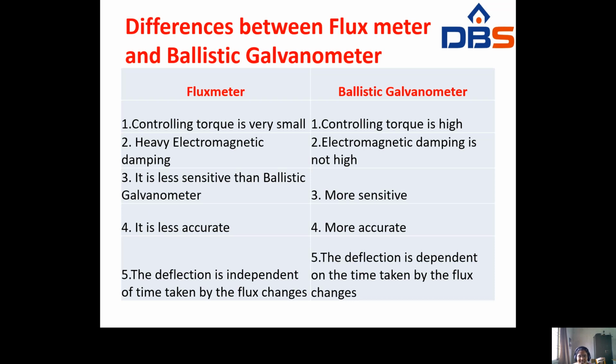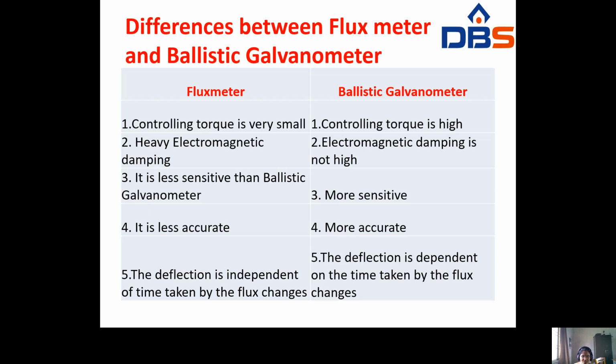The flux meter is less sensitive than the ballistic galvanometer, as already discussed in the disadvantages. So the ballistic galvanometer is more sensitive. The flux meter is less accurate, and the ballistic galvanometer is more accurate.